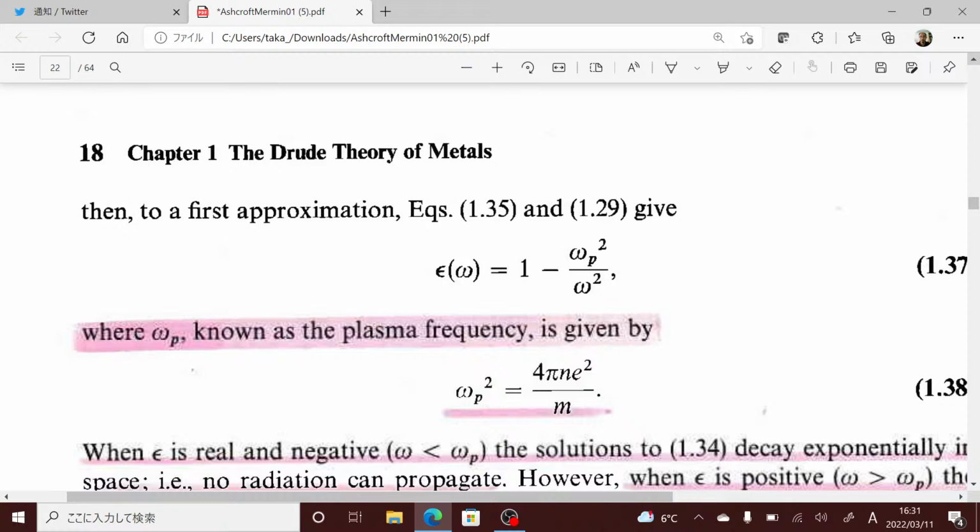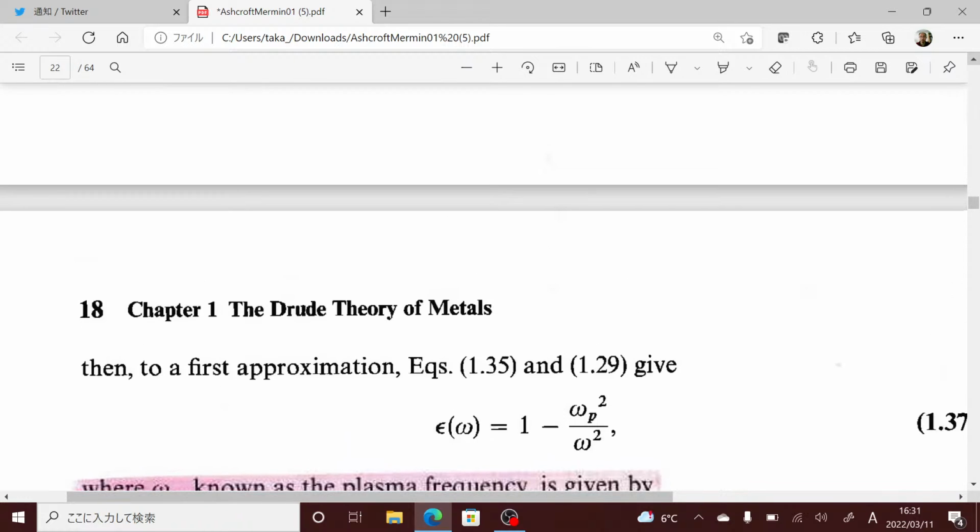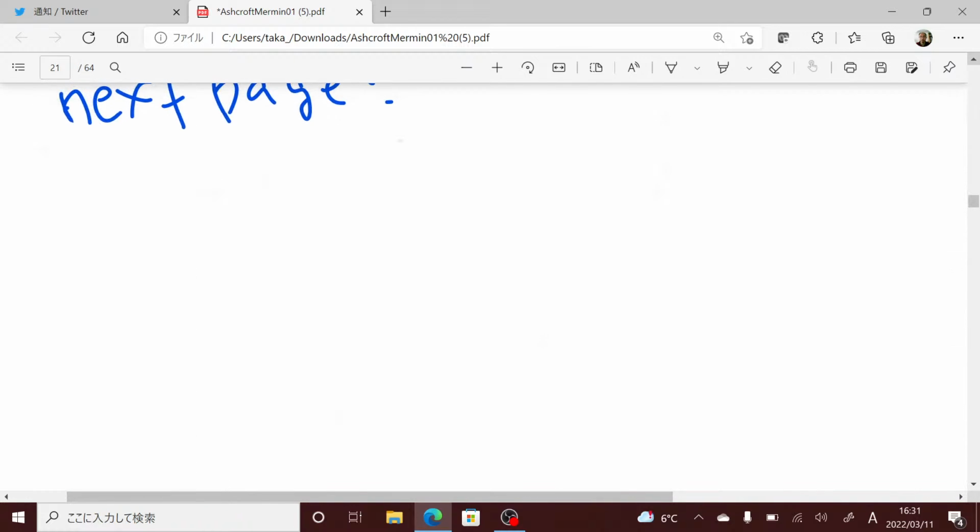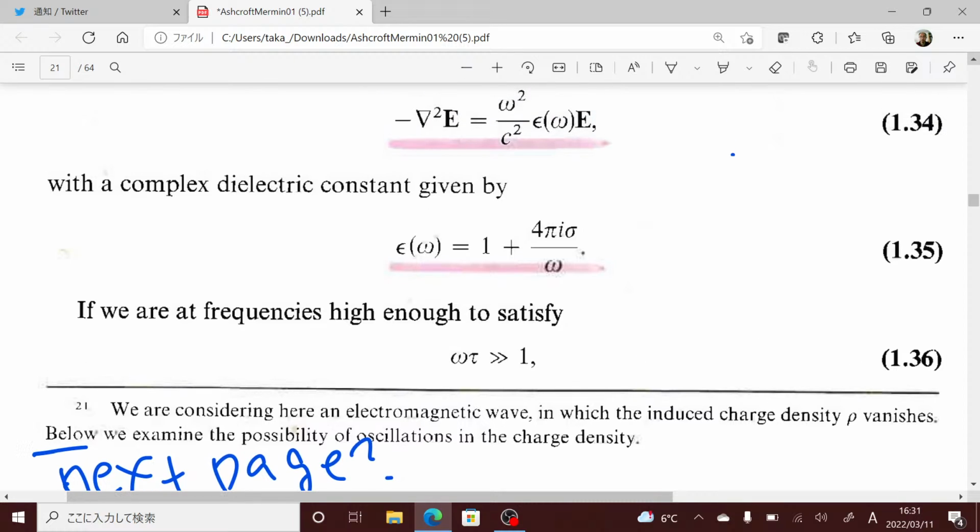Let me see. For small omega, epsilon is 0.